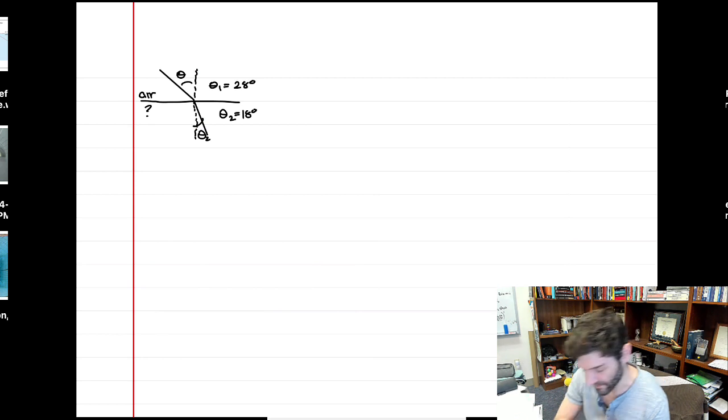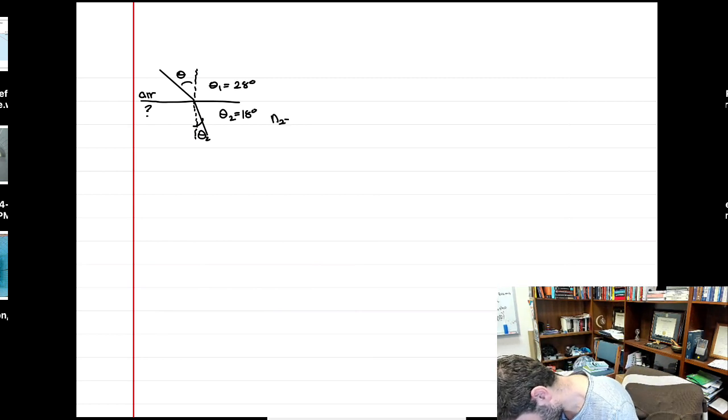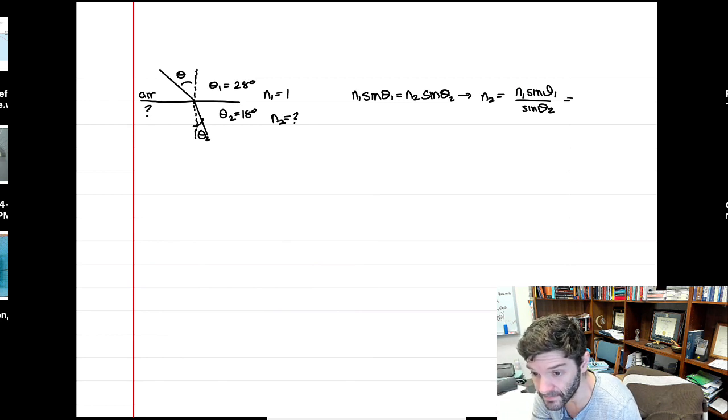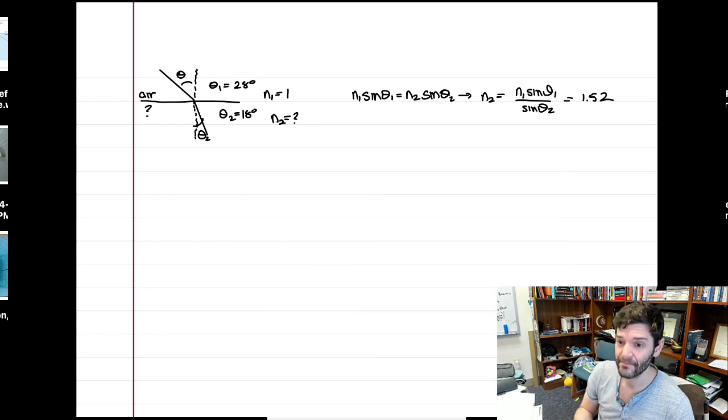What is the index of refraction of this mystery substance? Well, I know that air is 1, so then you have n1 sine of theta 1 equals n2 sine of theta 2. n2 then looks like it's just n1 sine of theta 1 all over sine of theta 2, which then ends up being about 1.52 when you plug in the numbers. Not too bad.